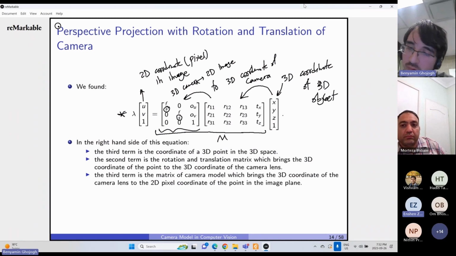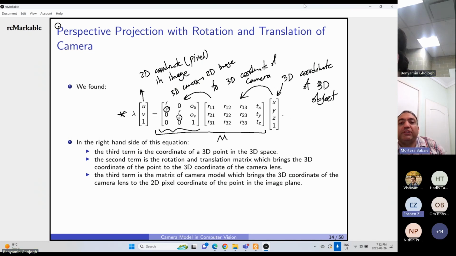However, what if you put the origin and the axes in some other place where they are not on the camera? Then you need rotation and translation for transforming the 3D coordinate of the object to the 3D coordinate of the space of the camera, right? Because the camera is not on the origin anymore. Okay, so I understand. Thank you.